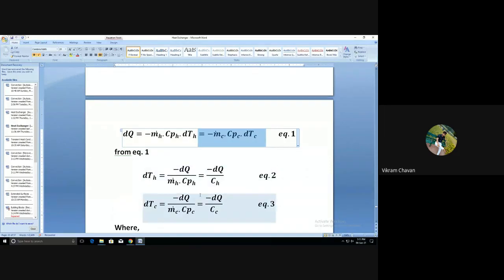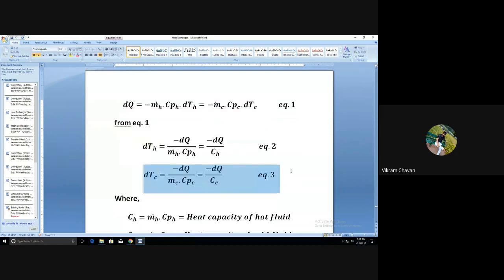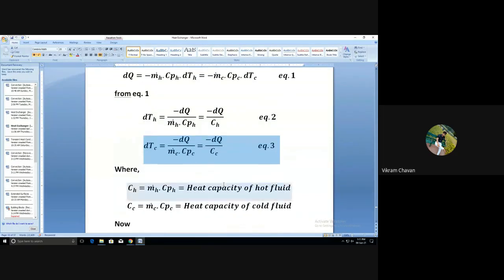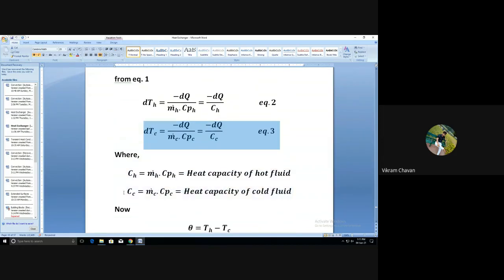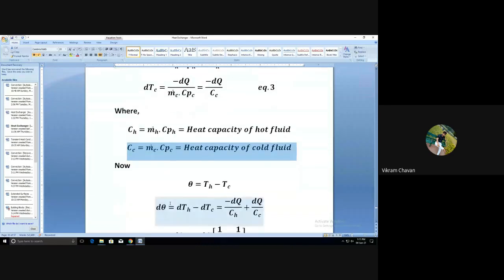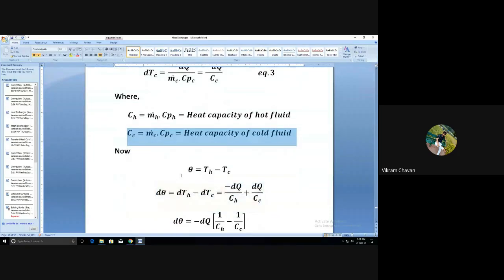So from this second part we can write dtc is equal to minus dq divided by m dot c multiplied by cpc, which is equal to minus dq divided by c suffix c. And we know that c suffix h is nothing but m dot h multiplied by cph, that is the heat capacity of the hot fluid, and c suffix c is nothing but m dot c multiplied by cpc, that is the heat capacity of the cold fluid.